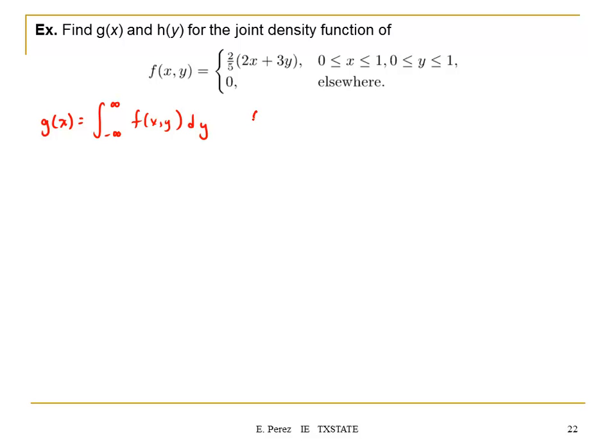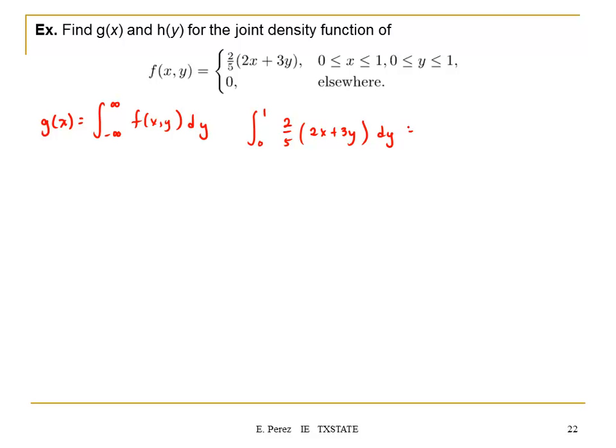In this case, if you integrate, what will be the limits for this integral? We are integrating with respect to y. Okay, that's correct. It will go from 0 to 1 of 2 over 5, which is our joint, 2x plus 3y, with respect to y.